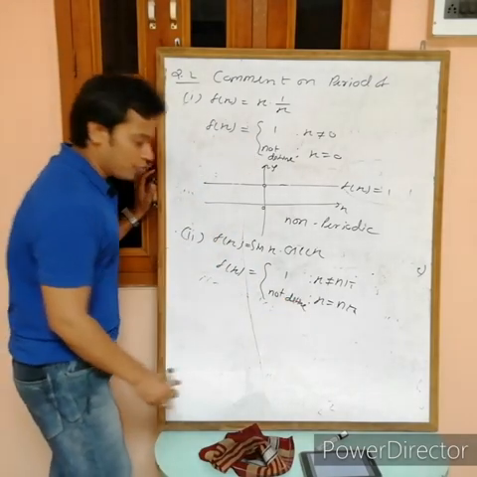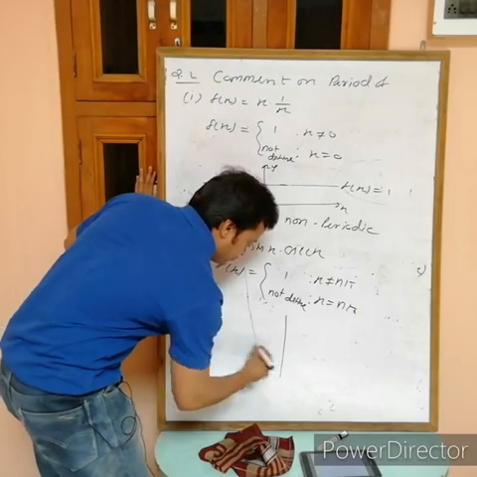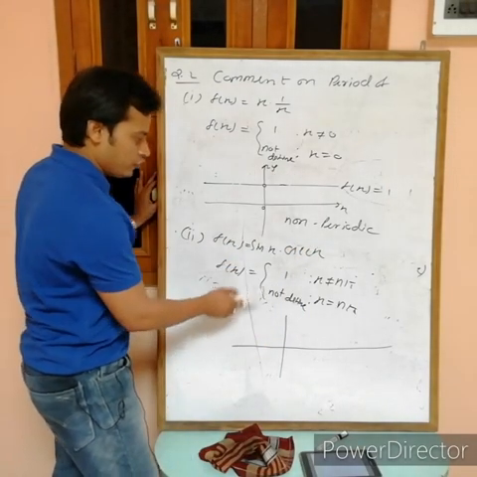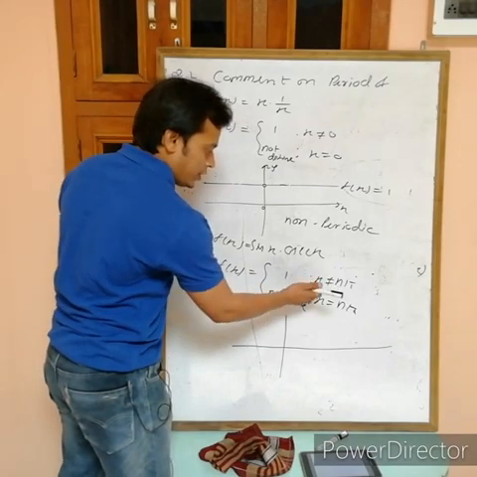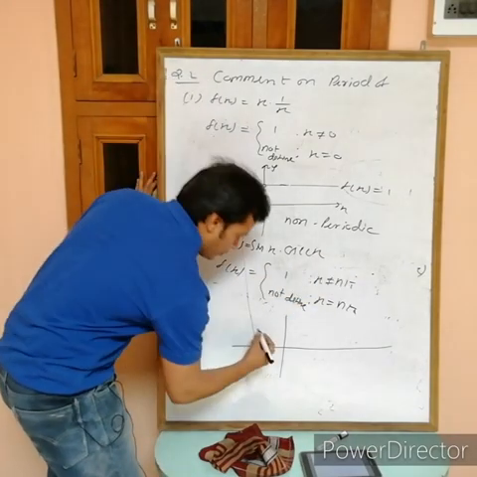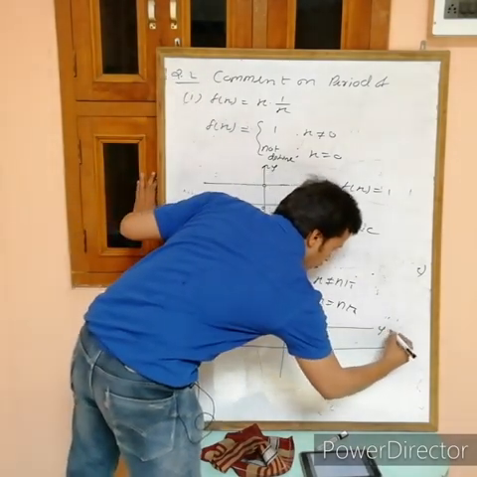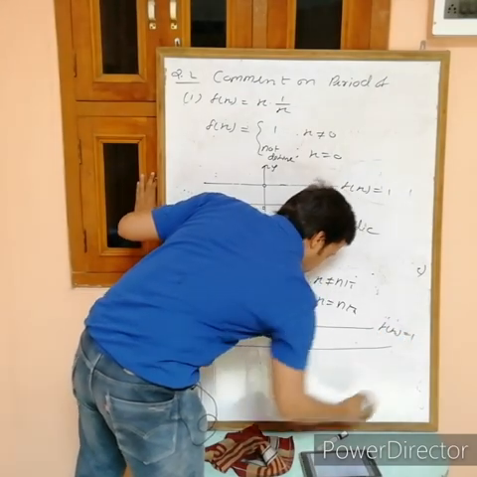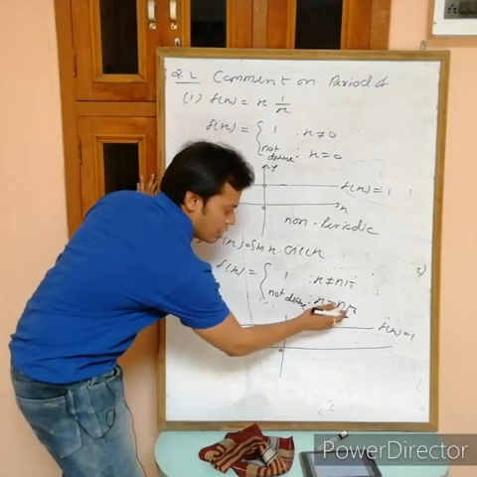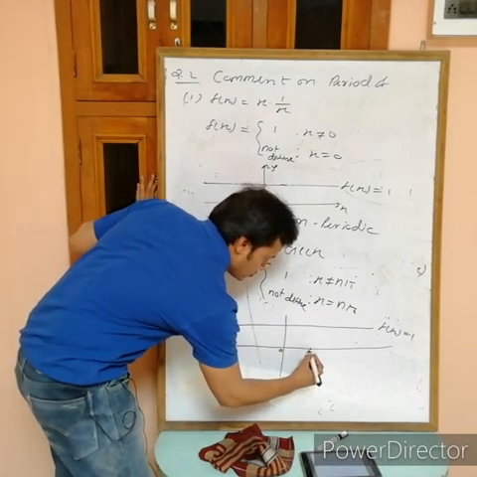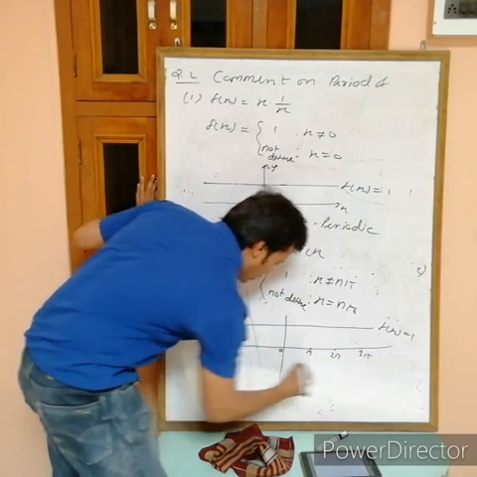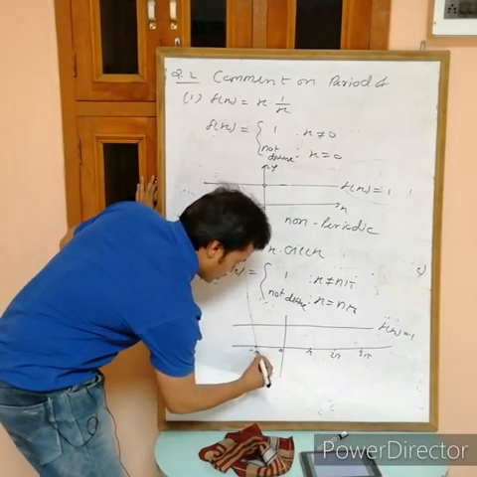So now if you draw the graph, then you will get it like this. So f(x) equals 1 for all x excluding x equals n pi. Suppose this is the graph, y equals f(x) equals 1. Here we have 0, multiples of pi, suppose this one is pi, this one is 2 pi, this one is 3 pi, this one is minus pi, like this.